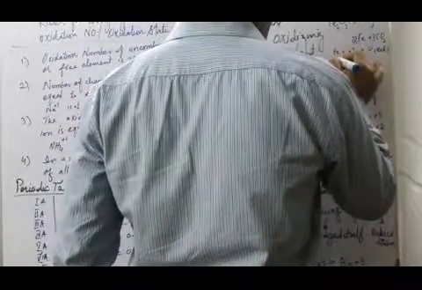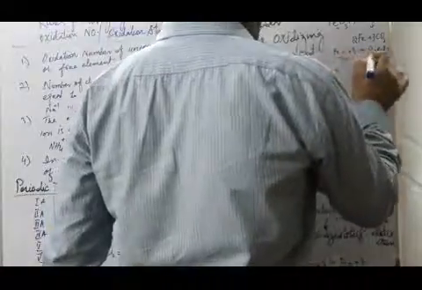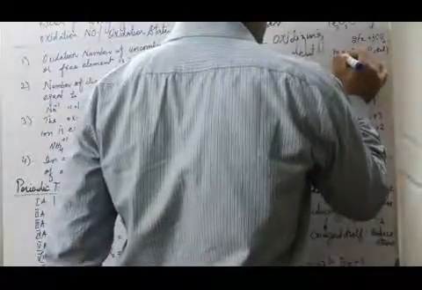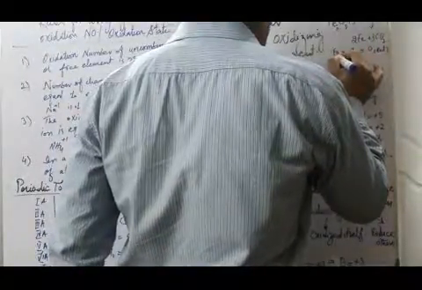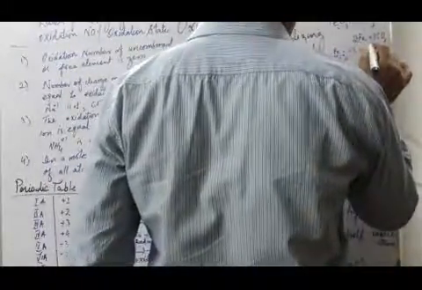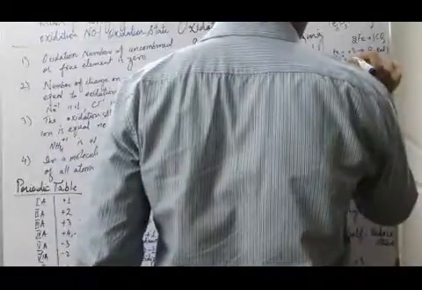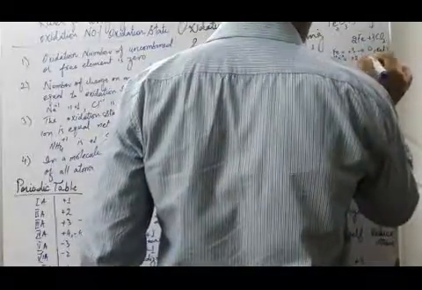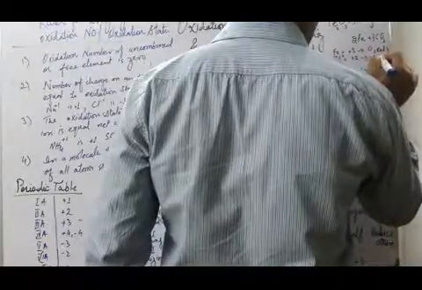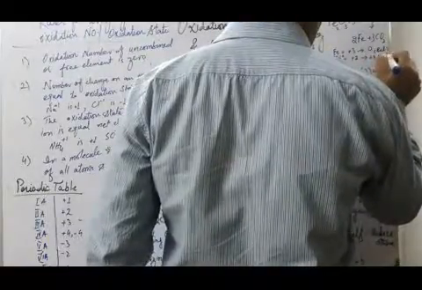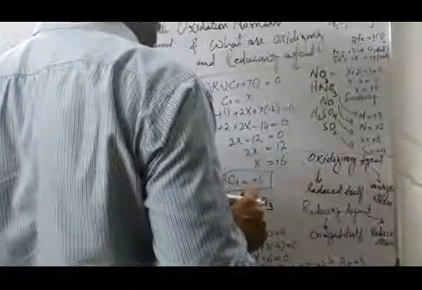And the carbon monoxide oxidation state goes from +2 to +4, so it is oxidized, thus it is a reducing agent.